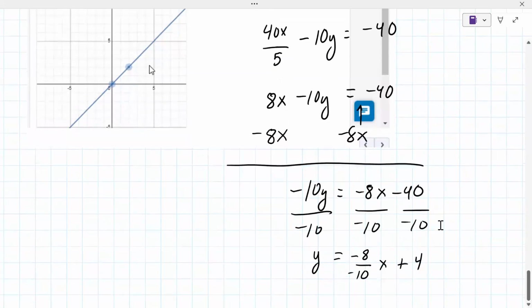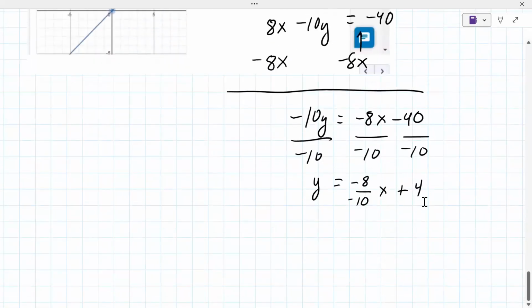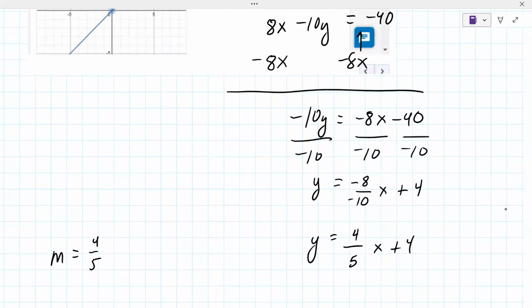Because they're both negative, so it becomes positive. Good. Now, in the middle here, the negatives cancel, and 2 goes into both 8 and 10, so it's 4 over 10. I'm sorry, 4 over 5 x. And now you have the slope, 4/5, and the b value, which is 4. And you graph it just the way you've been doing.